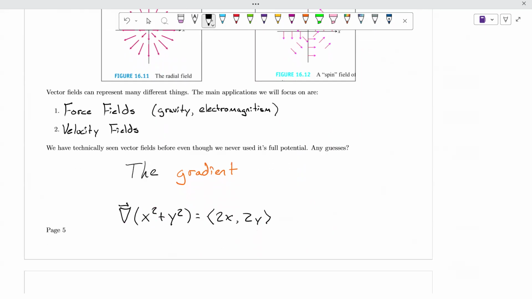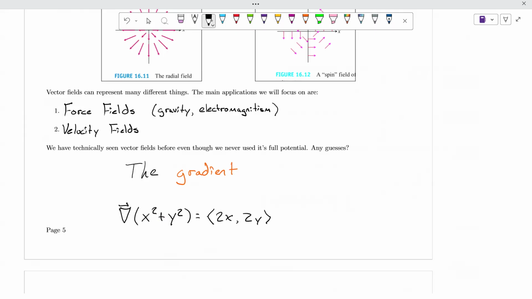Two most common force fields that'll come up, both in our class and also in maybe the first couple of physics classes that you might look at, where fields have a lot of application, will be things like gravity or the electromagnetic force. But really any sort of force that we want to talk about, if it can be looked at as a field, so something that's acting over a large area or even a 3D space, like gravity or the electromagnetic force, we can use these vector fields to represent those forces.